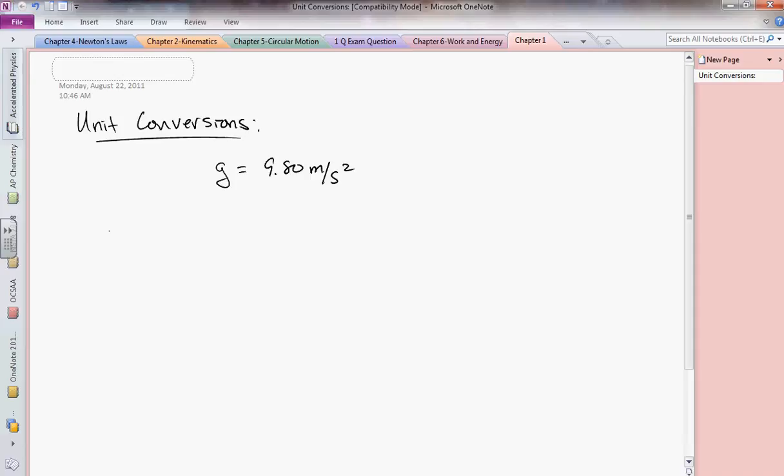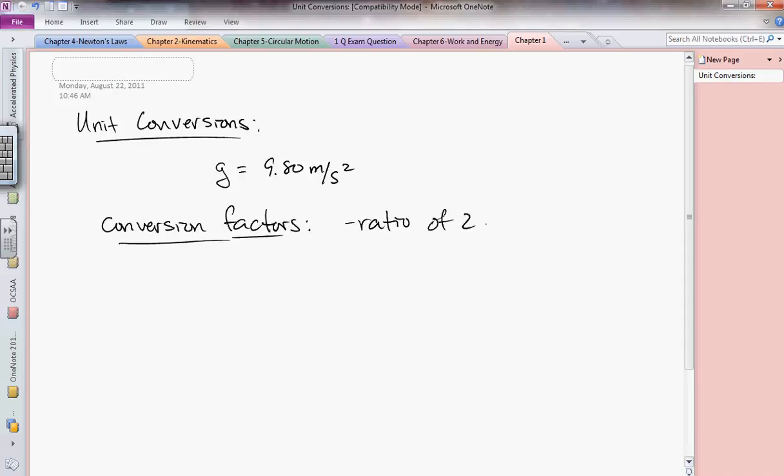Now, as I said, the main kind of gimmick with unit conversions is the use of conversion factors. And the reason why this works and why it's so neat is that a conversion factor is really just a ratio of two quantities that is equal to 1.